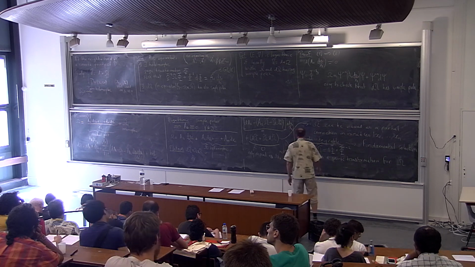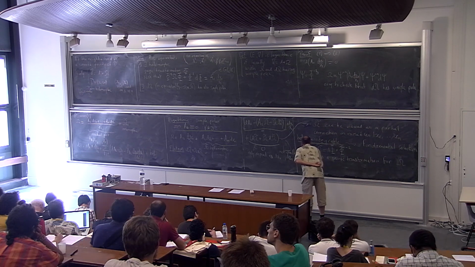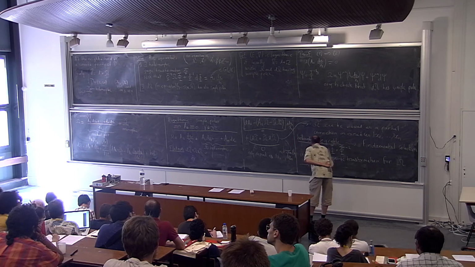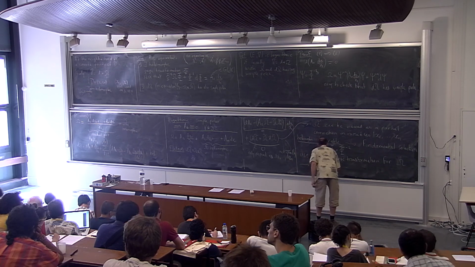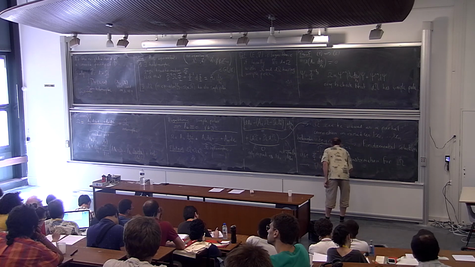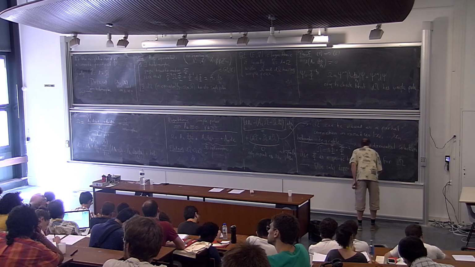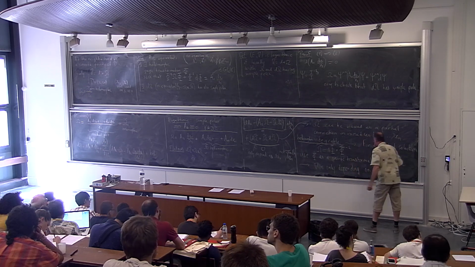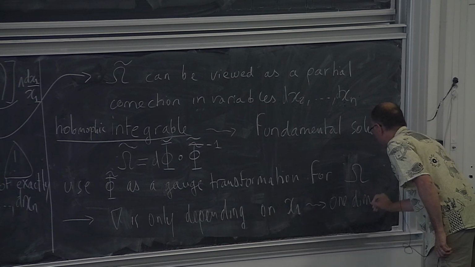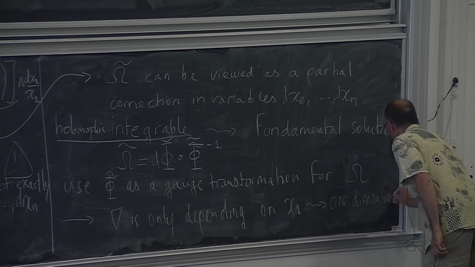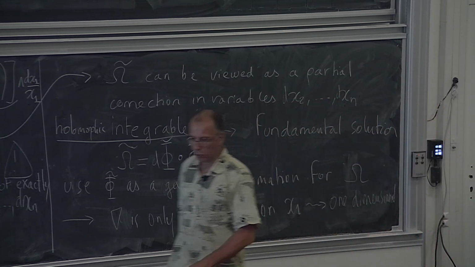Then you obtain a new connection nabla that is only depending on x1, and then you are back to the one-dimensional case, which was explained by Victoria last week.